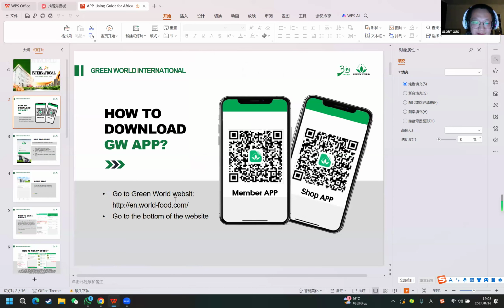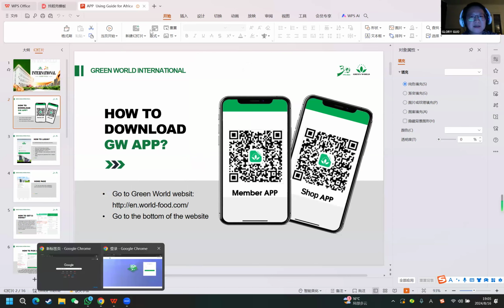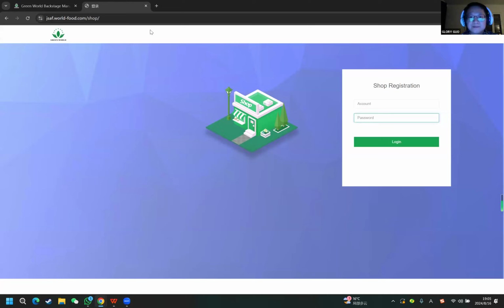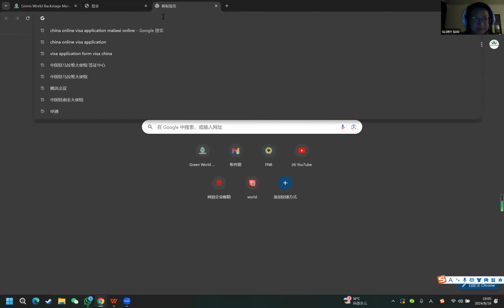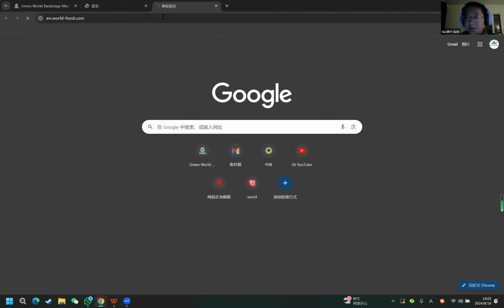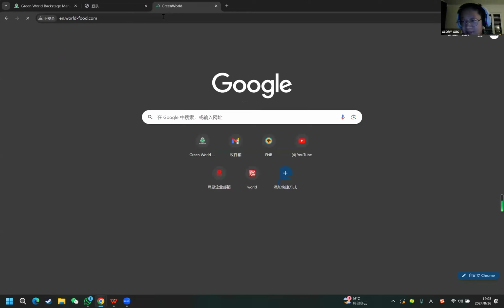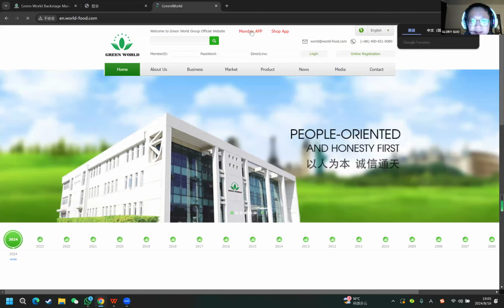As you can see, we have our Greenwood main website, en.world-food.com. On this website, you can find our Greenwood app download QR code at the bottom here.